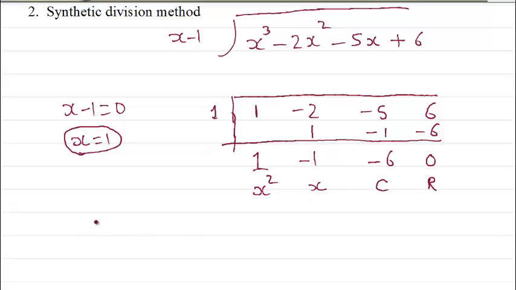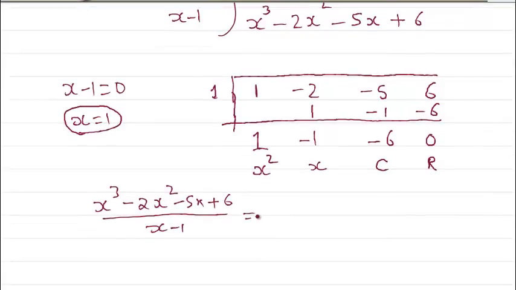So when you divide x cubed minus 2x squared minus 5x plus 6 by x minus 1, your answer is 1x squared minus x minus 6. So this answer is the same as before.